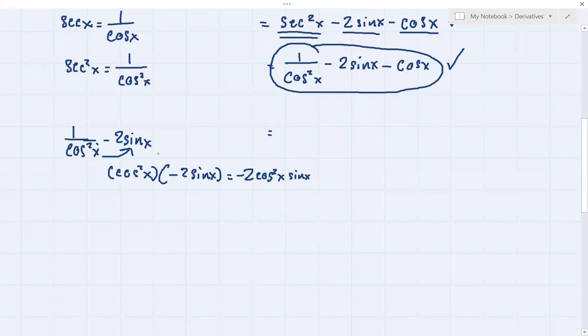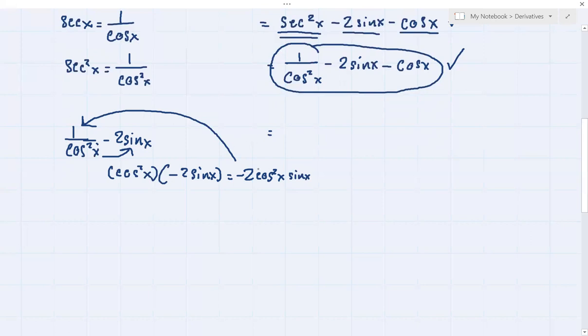Okay? Then, after you get the product of these two, you're going to use it to add it to the numerator. Okay? So, after nyo i-multiply itong dalawa, i-add nyo siya sa numerator. So, we get the product, negative 2 cosine squared x times sine x. Na yun, i-add nyo siya sa numerator, plus 1.